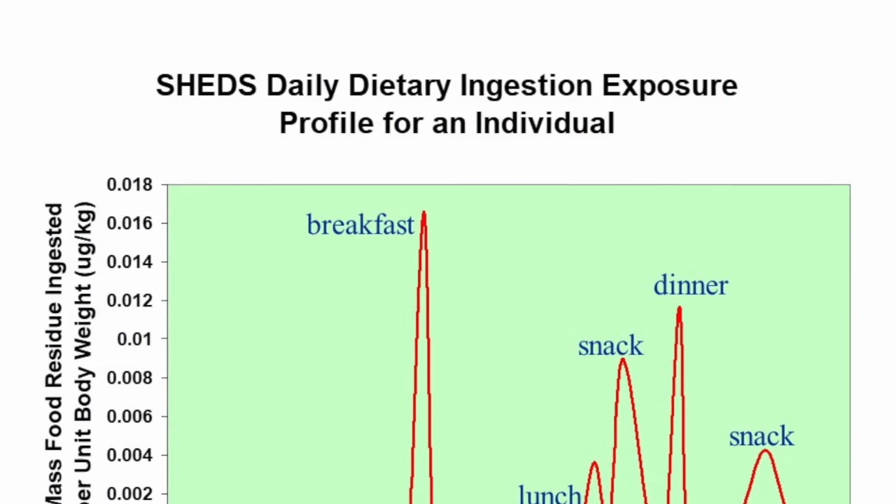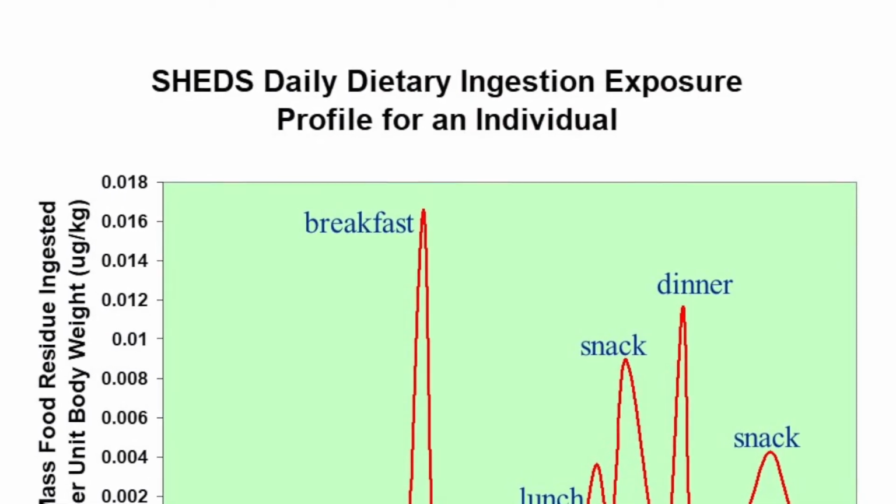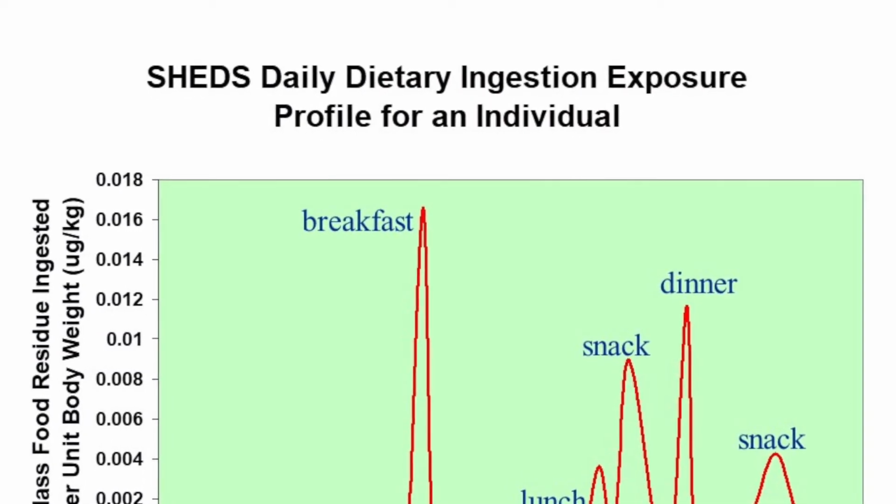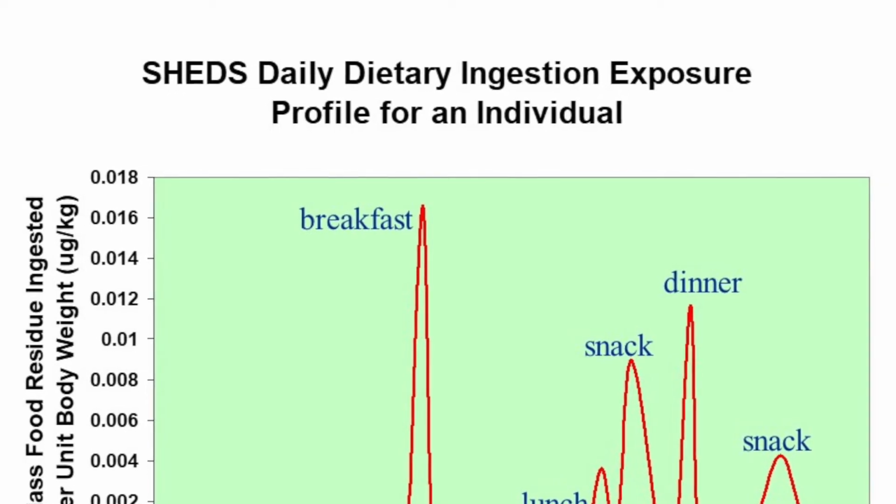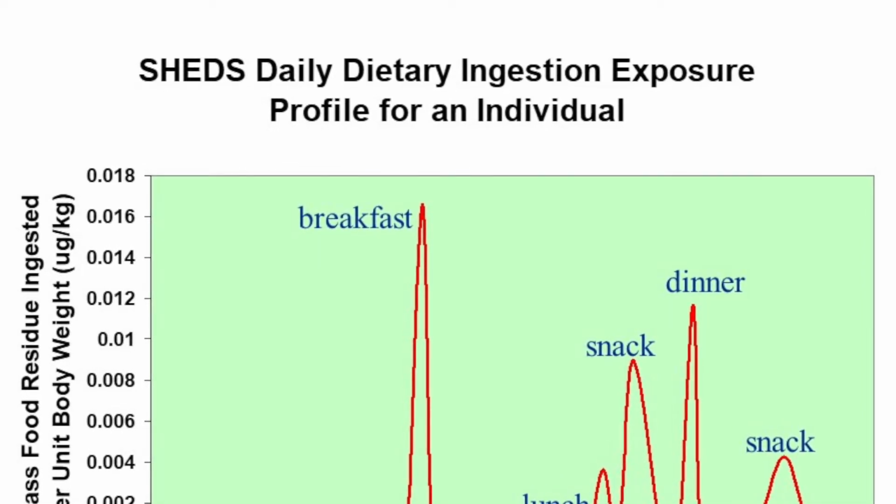The next slide, very briefly, slide 20, shows the dietary ingestion profile for a typical individual. Again, like I alluded to before, there's breakfast, lunch, dinner, and snacks. And of course, each person is different. So if you look at different diaries, you'll see a totally different picture.